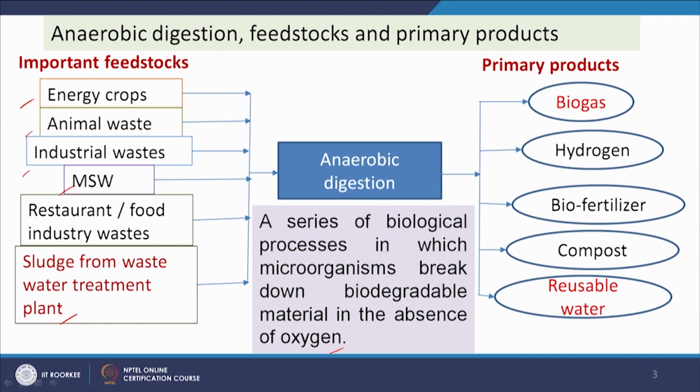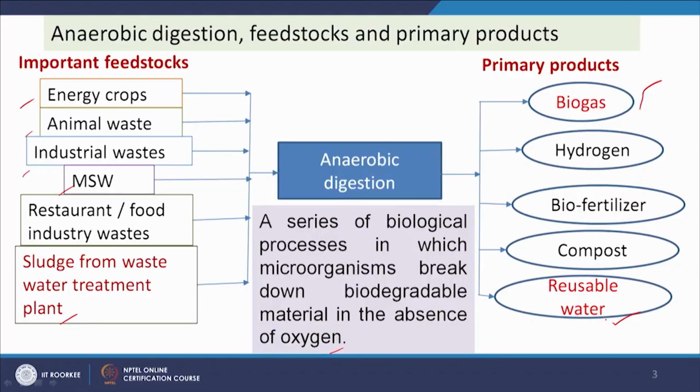And after these reactions we will basically get biogas, which is one important product for energy recovery from this feedstock, and reusable water. This water will have better quality in terms of its BOD, COD, etcetera, so that will be further treated and used for other applications.